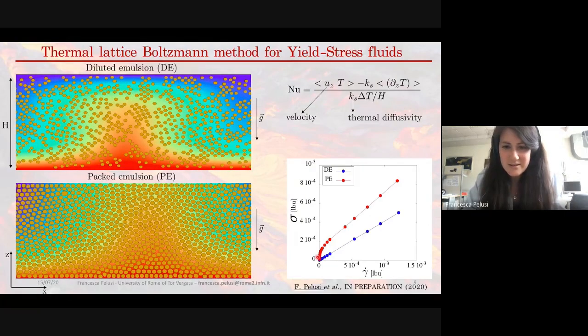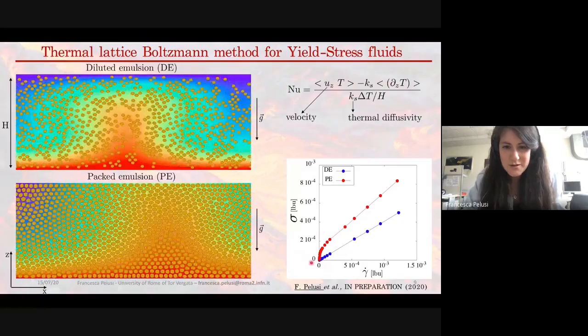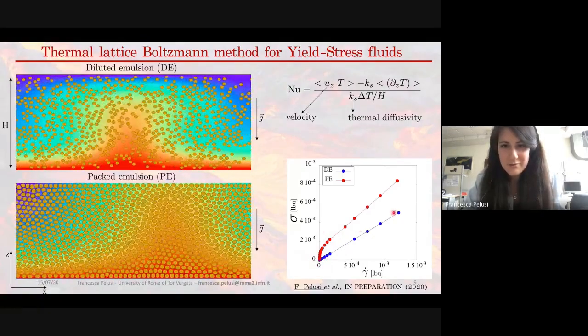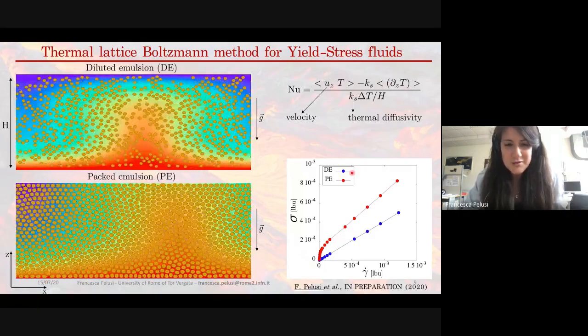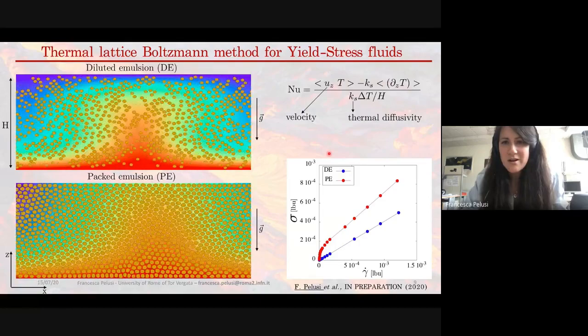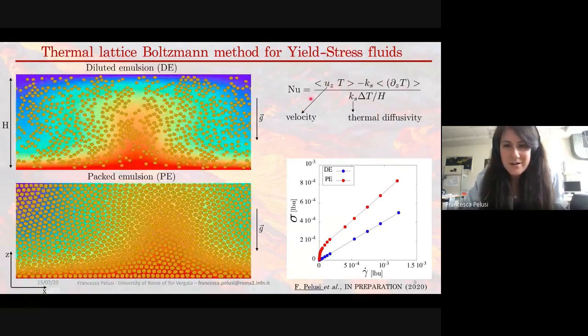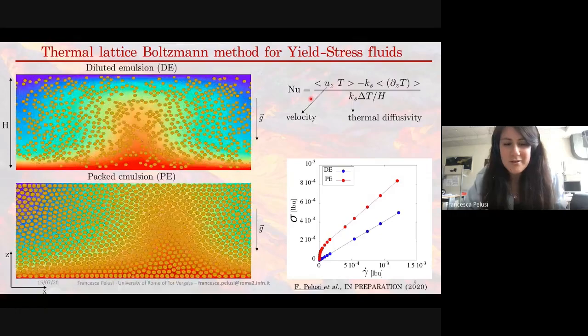We can see that in this case there is the appearance of a yield stress that is missing in the dilute case. To study the heat transfer properties of these emulsions, I look at the Nusselt number, which can give us information on the heat transfer.